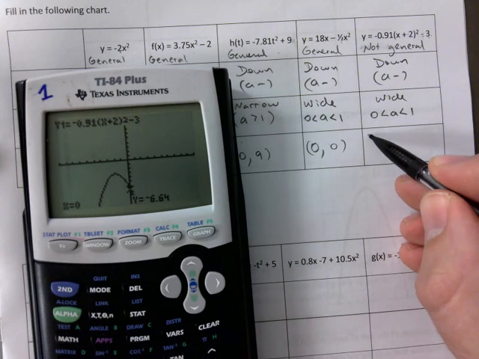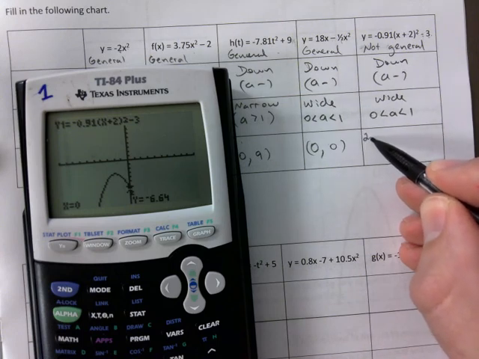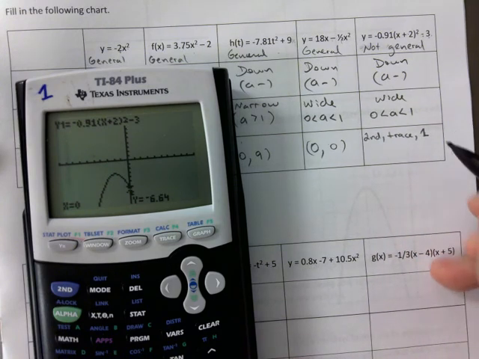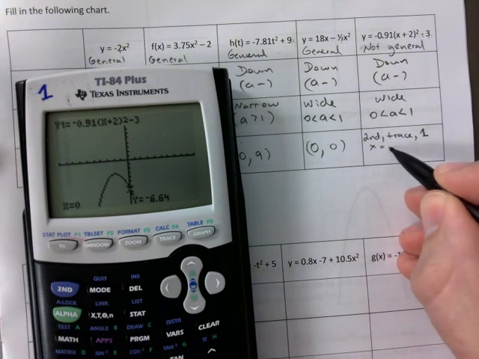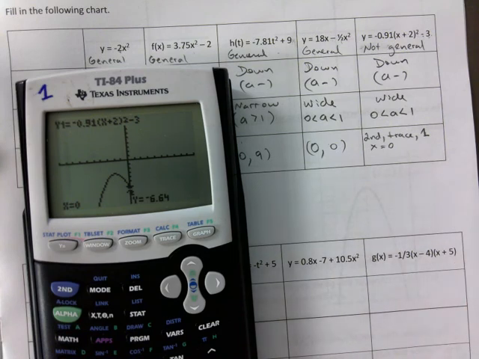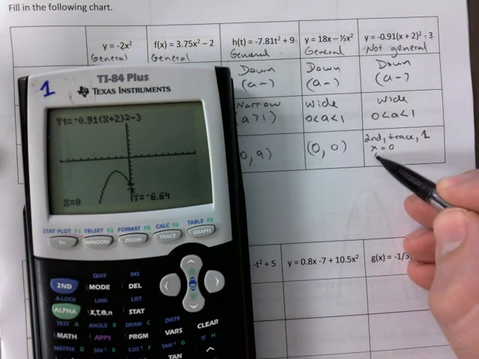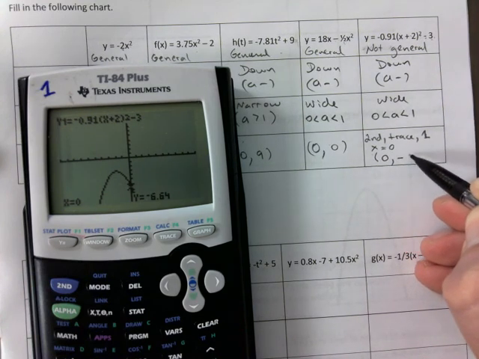So this is what I'm going to do up here. Second trace 1, x is equal to 0. That's what I did. Those are my keystrokes. I'm going to ask you to do that every time you need to use your calculator for it. And then you go 0, -6.64.